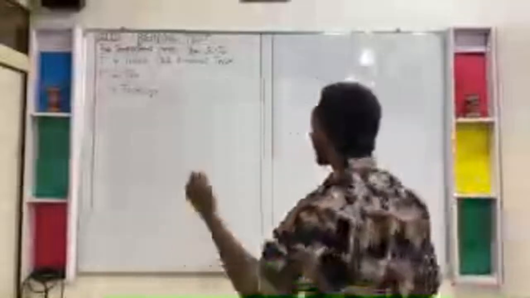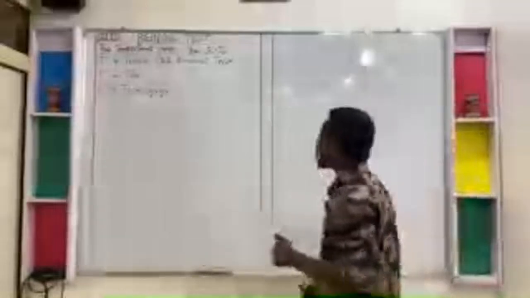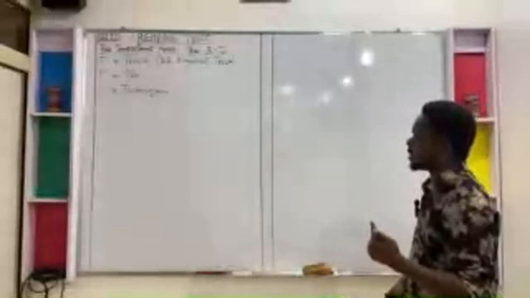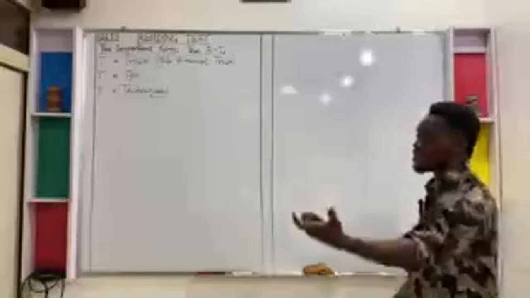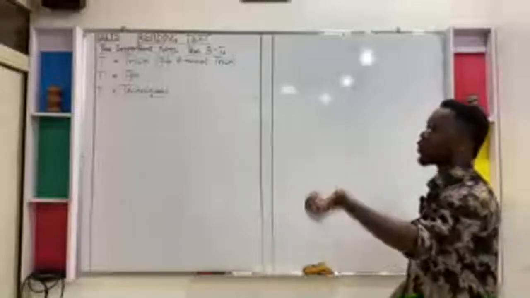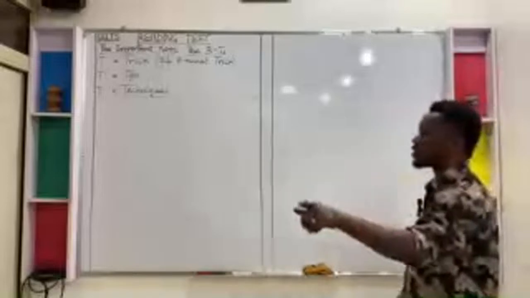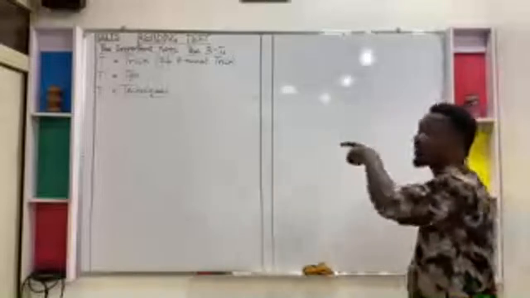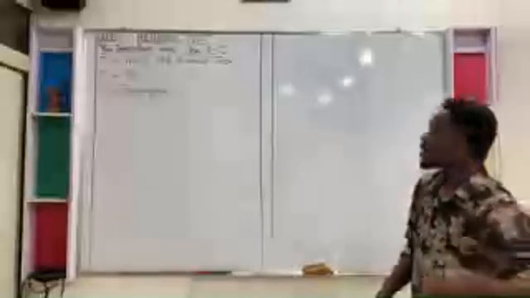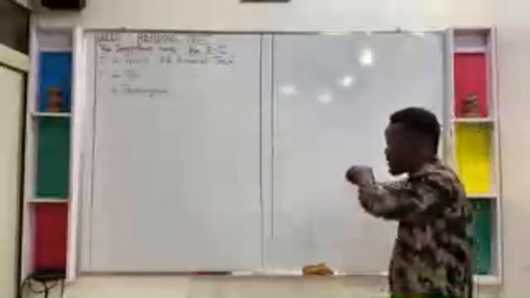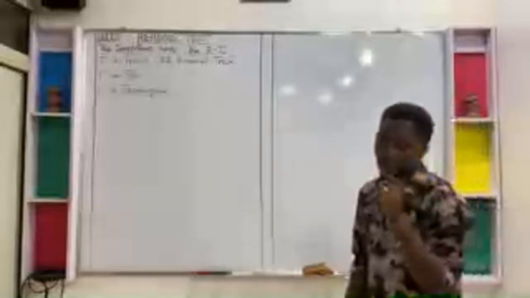However, in reading tests, the paraphrasing we are looking out for right here is a way of reading a question, going to the passage, and realizing that the words in the questions are nowhere to be found in the passage. But it doesn't mean that the questions are not drawn from the passage. The questions are taken from the passage.